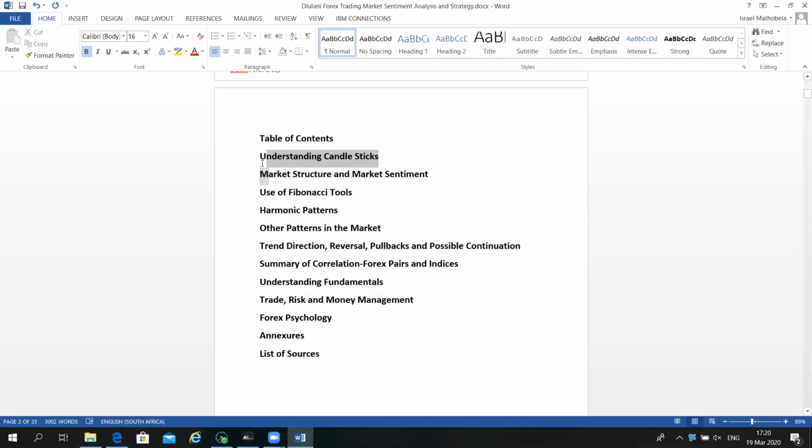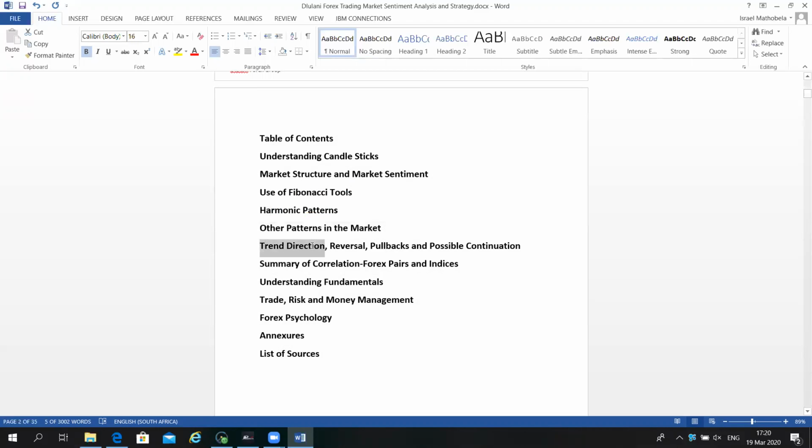So in the book, we cover a bit of understanding of how to look at the candlesticks, what it contains: the opening, the high, the low, and the close. And we immediately dive into market structure and market sentiment, then how to use the Fibonacci retracement tool, how to identify harmonic patterns and other patterns in the market.